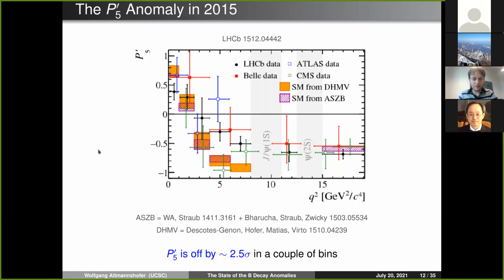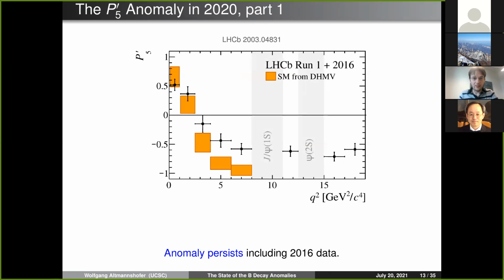Now, with time, the measurements have been updated with more data. So last year, this is the result for P5 prime with the full run 1 data plus part of the run 2 data. And again, the situation is such that this anomaly persists.